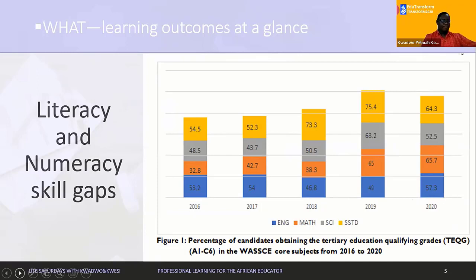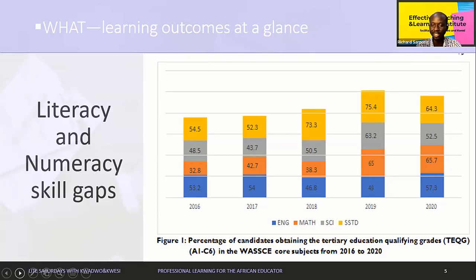And if you look at the maths and English language scores or percentage passes, you will see that from 2016 to 2020, especially between 2018 and 2019, in English language there was a dip in the performance. Less than half of the students were actually getting the required passes. The required pass here is A1 to C6.